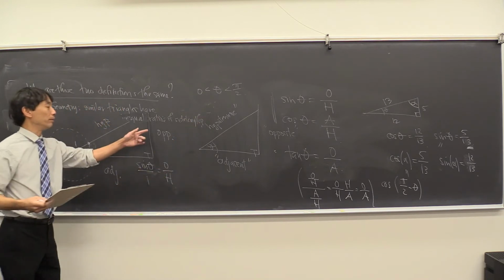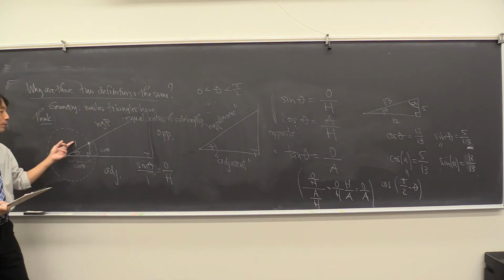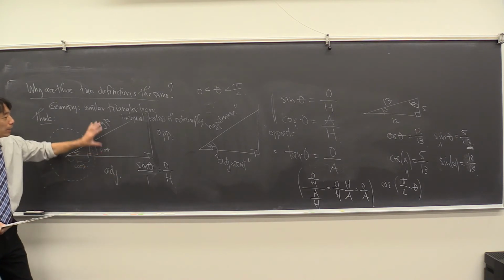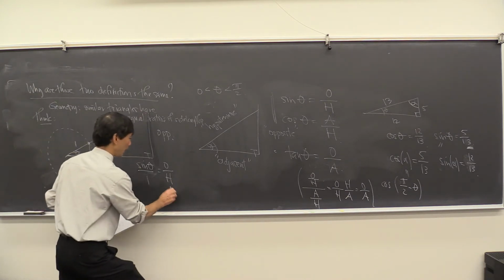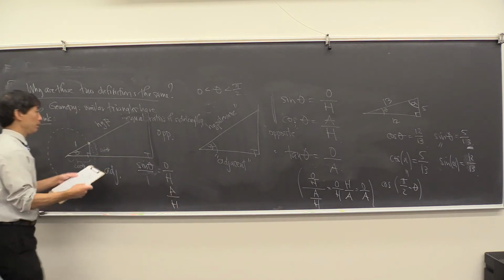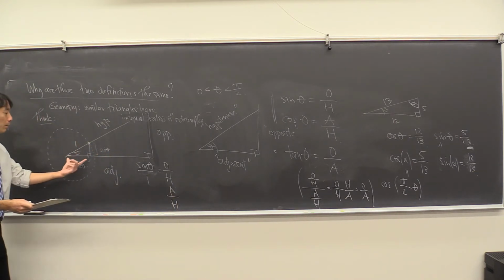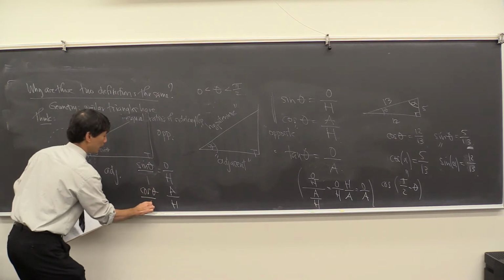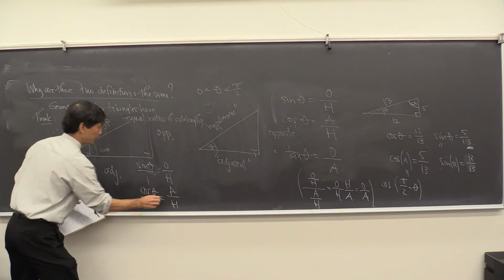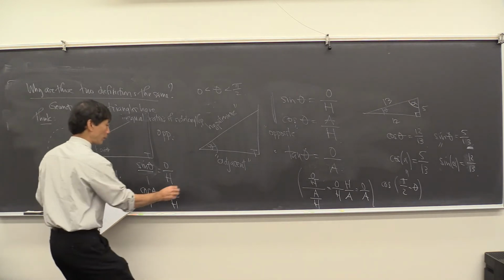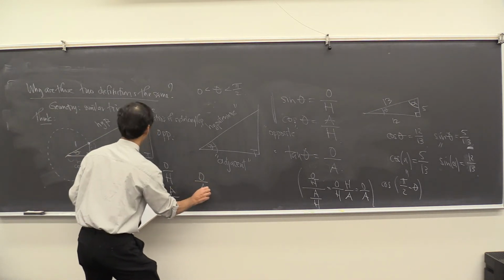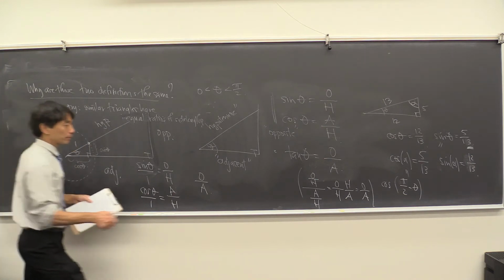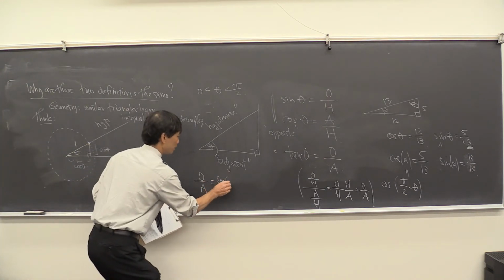The ratio of A to H is the same as cosine to 1. And for tangent, O over A is just going to be sine over cosine.